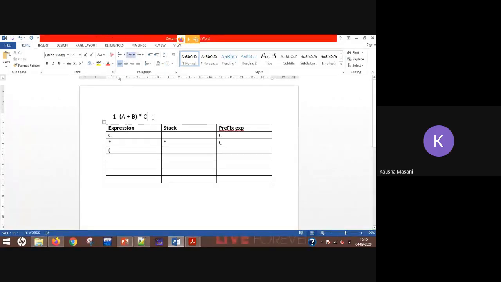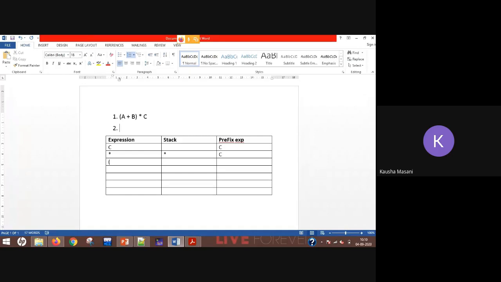Okay. So if we go and reverse the string, what will it be? C star. The closing will now be the opening parenthesis. B plus A. The opening will now be the closing parenthesis. It will be like this.